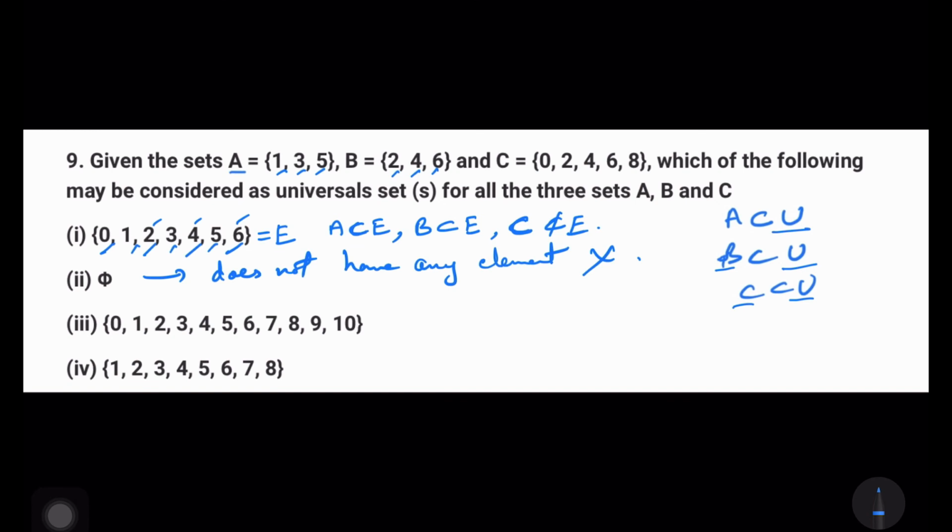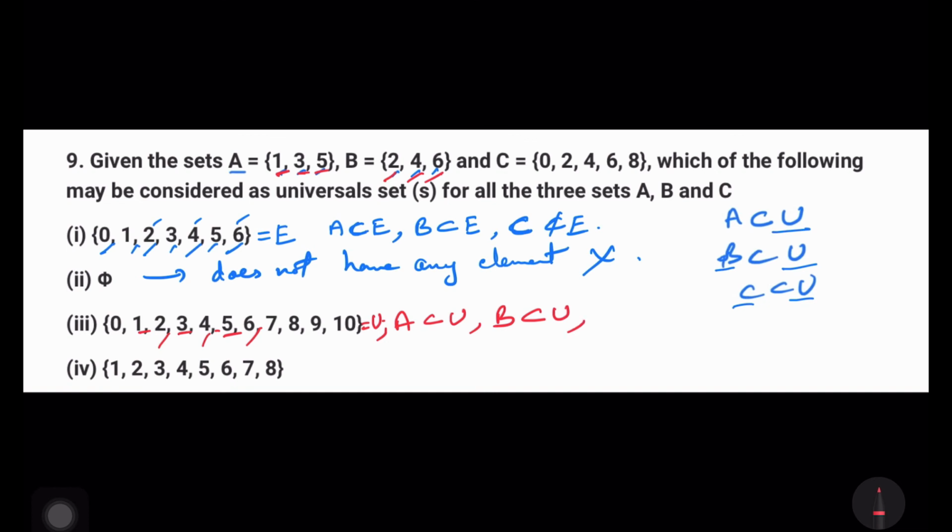the third one, we will see whether this is a universal set or not. So now here you're having 1, 3, 5 in this, and 1, 3, 5 is also there. So A is a subset of this universal set. Next, if you take B, 2, 4, 6, is it also there? Yes, 2, 4, 6 is also there. So B is a subset of this universal set.